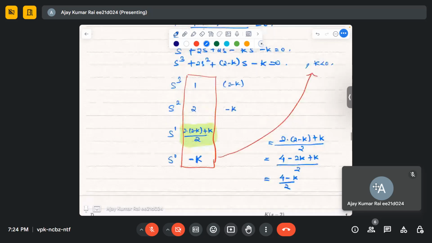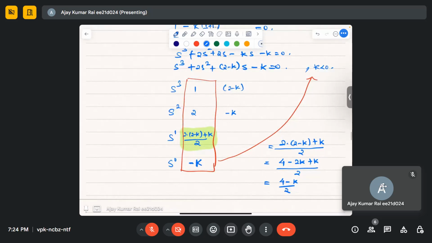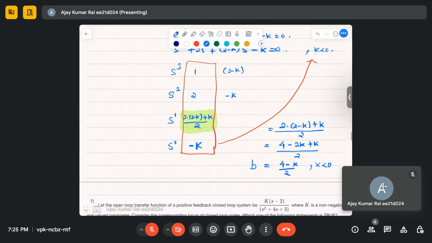What can you say about this 4 minus k by 2? K is negative, always negative. Let me call this coefficient b. Since k is negative, 4 minus k is positive.